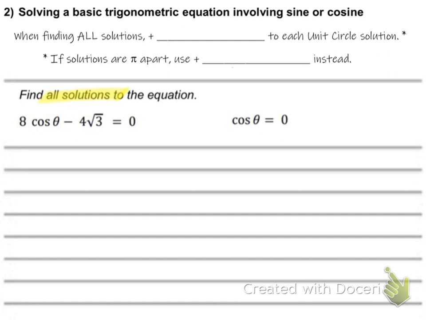So when we're finding all solutions, we do the same thing we just did, except we add 2k pi, where k is in z, to each solution. So what does that mean? Plus 2k pi, where k is an integer, z is the math symbol for integers, right?